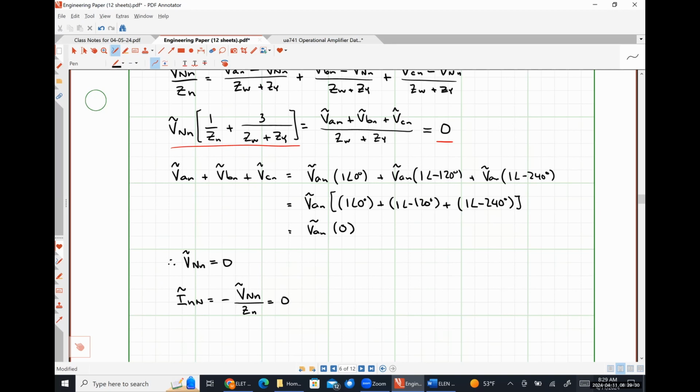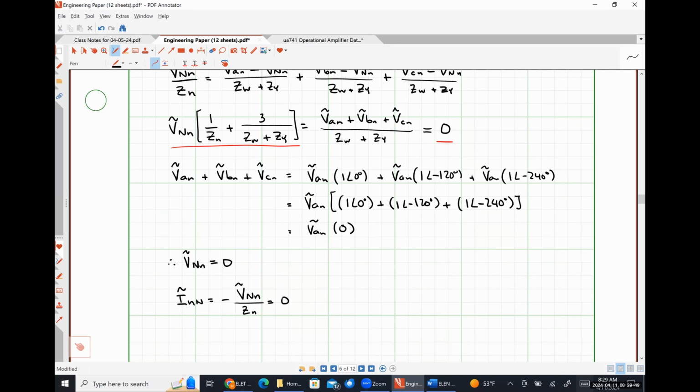So in a balanced three-phase system, there is no voltage drop across the neutral conductor, and there is no current flowing through the neutral conductor, which means physically, it's doing nothing. It doesn't even need to be there.